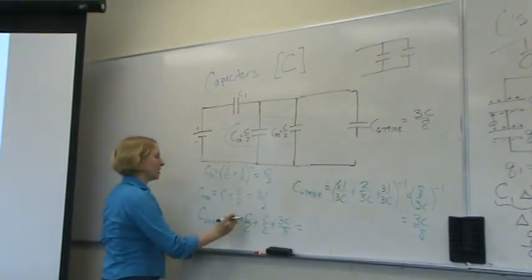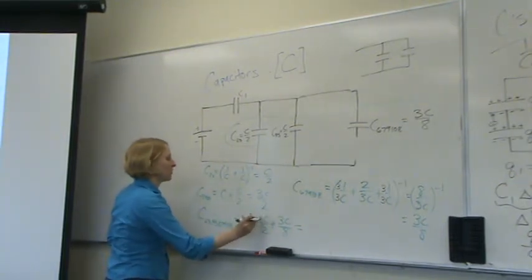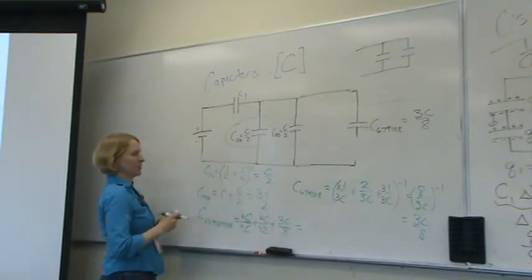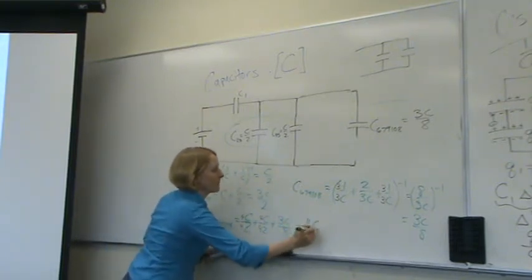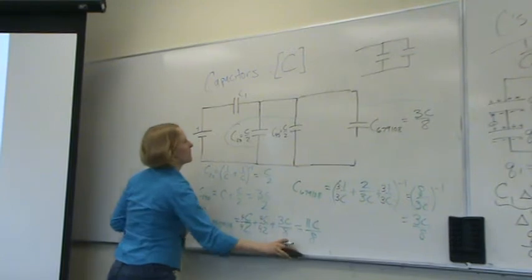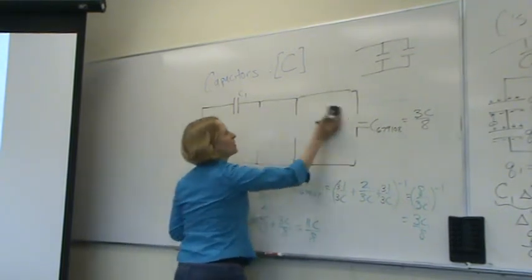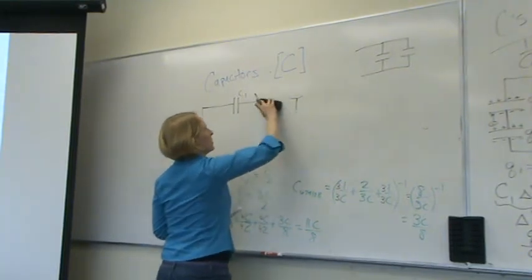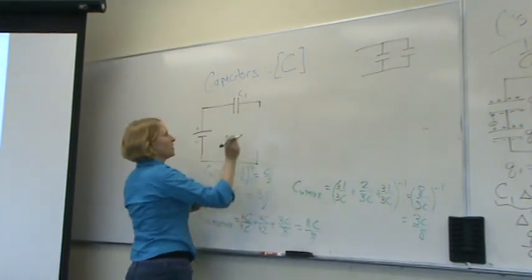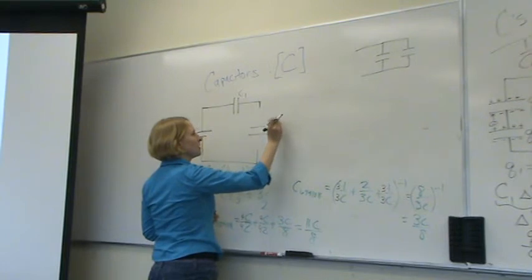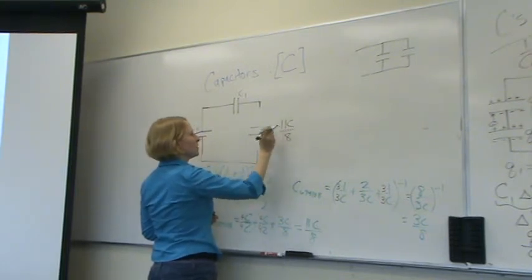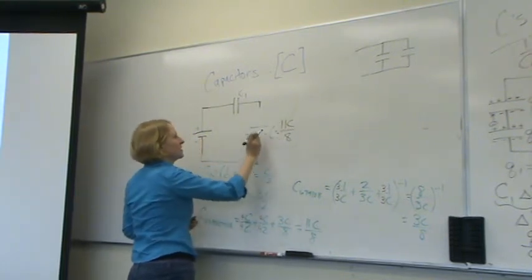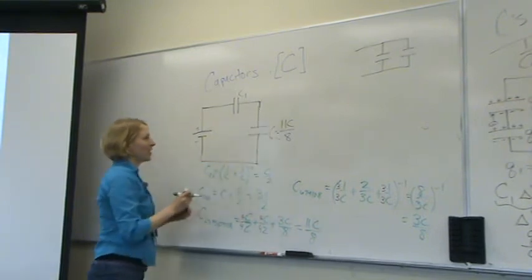And let's see, 4 over 4, 4 over 4. Was it 11 over 8? Okay. All those digits. All right.